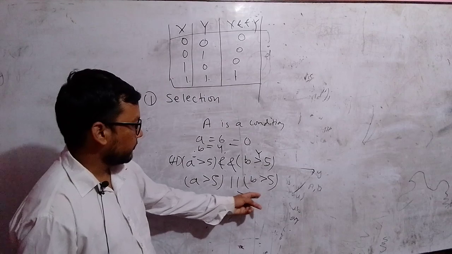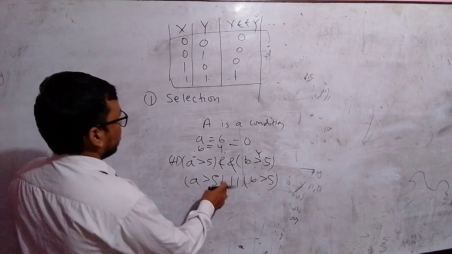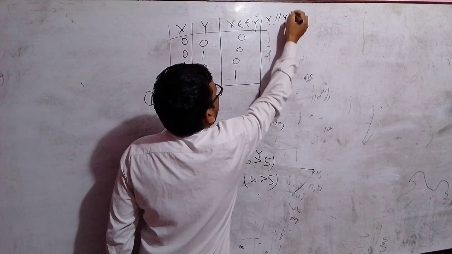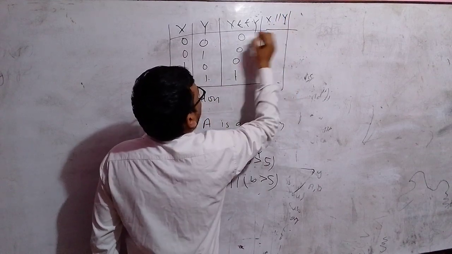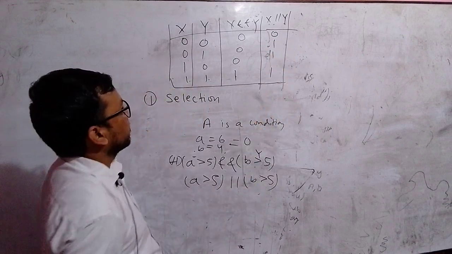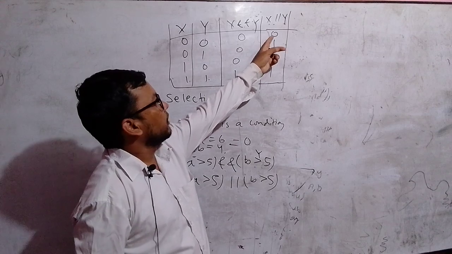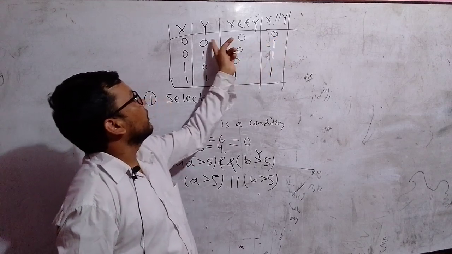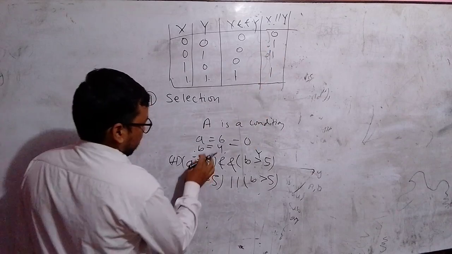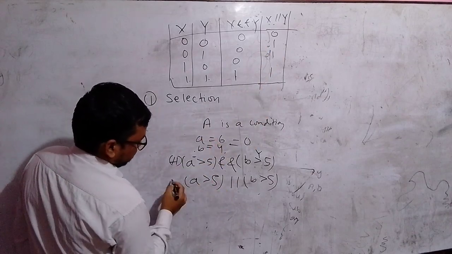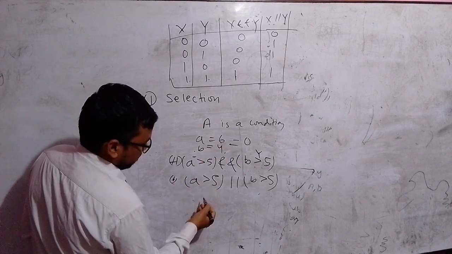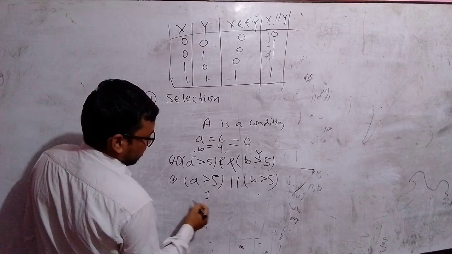Now let's see what would be the output of the OR operation. The output of the OR operation would be 0 only if all of its inputs are 0, otherwise it gives 1. For the same case, A is equal to 6, 6 is greater than 5, true, that means it gives 1.